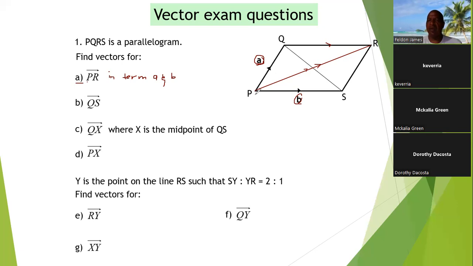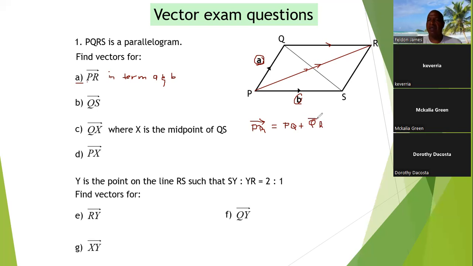Suppose we write the vector PR, this is the resultant vector that we're really writing first. The vector PR is equivalent to the vector PQ plus the vector QR.